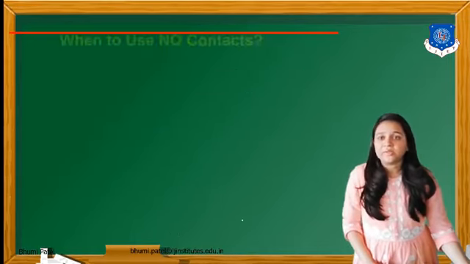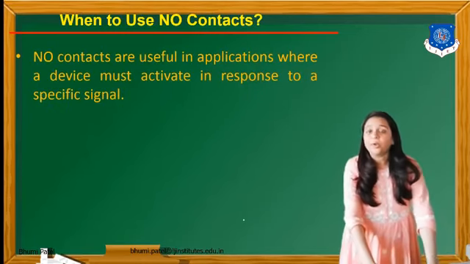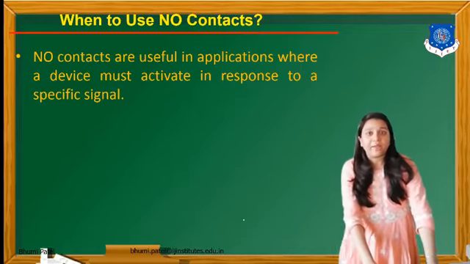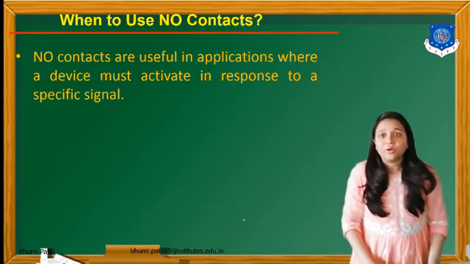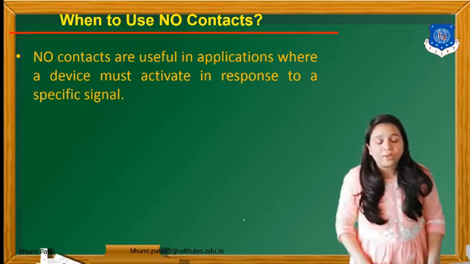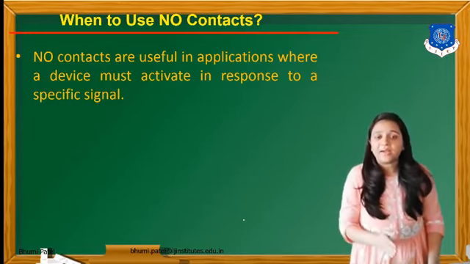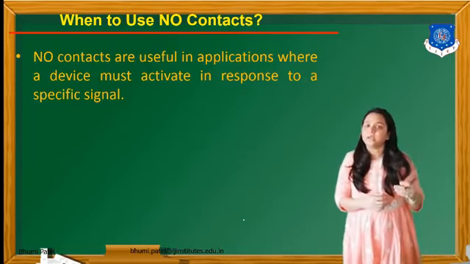Now the next one is when to use an NO contact. Normally open contacts are useful in applications where a device must activate in response to a specific signal. When we use a normally open contact, if the input is applied, the signals A and B will be on and we can get the output.